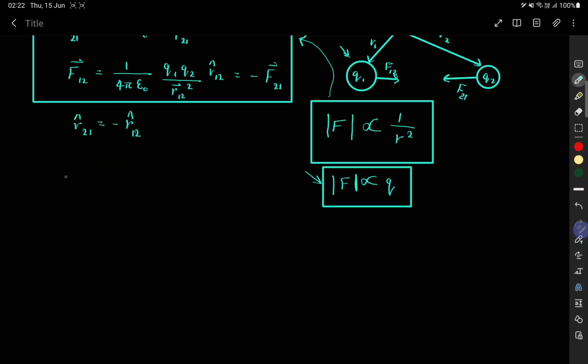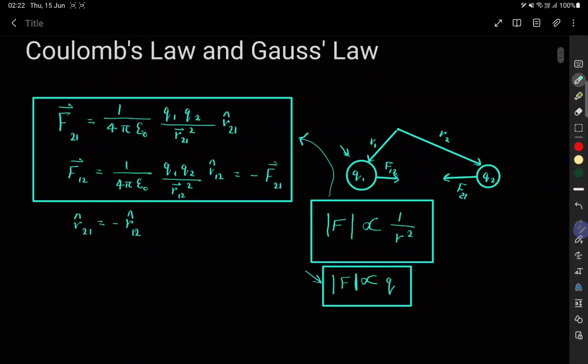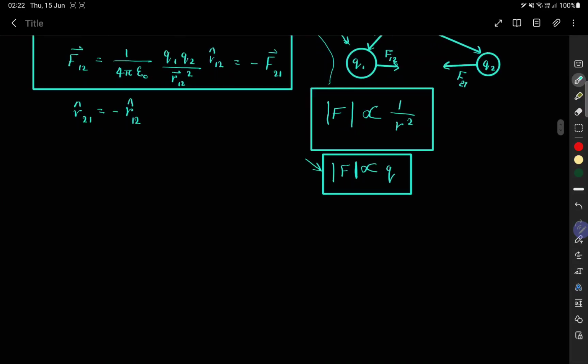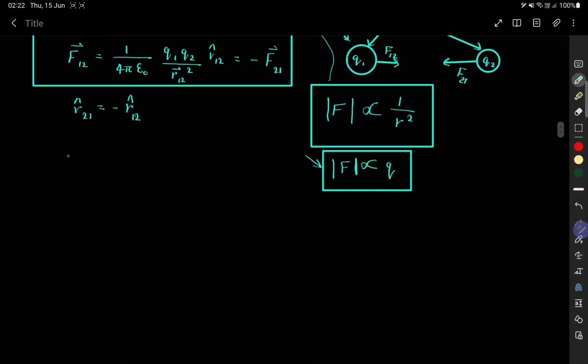Right. So now that we've defined this quantity, force, let's also define the 1 over 4 pi epsilon naught. This is our permittivity of free space constant, and I'll just have to look up its exact value. I'm sorry, I don't remember it. One second, please. Yes.